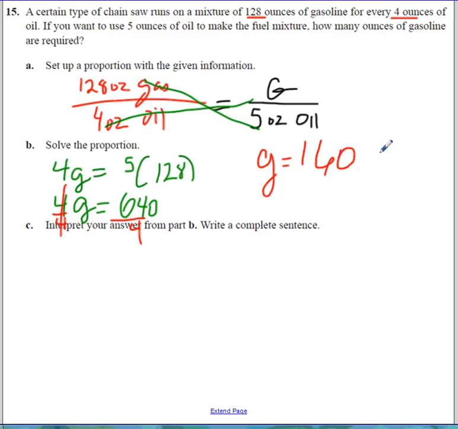But again, it's not just 160, it's 160 ounces, and specifically, it's 160 ounces of gas.